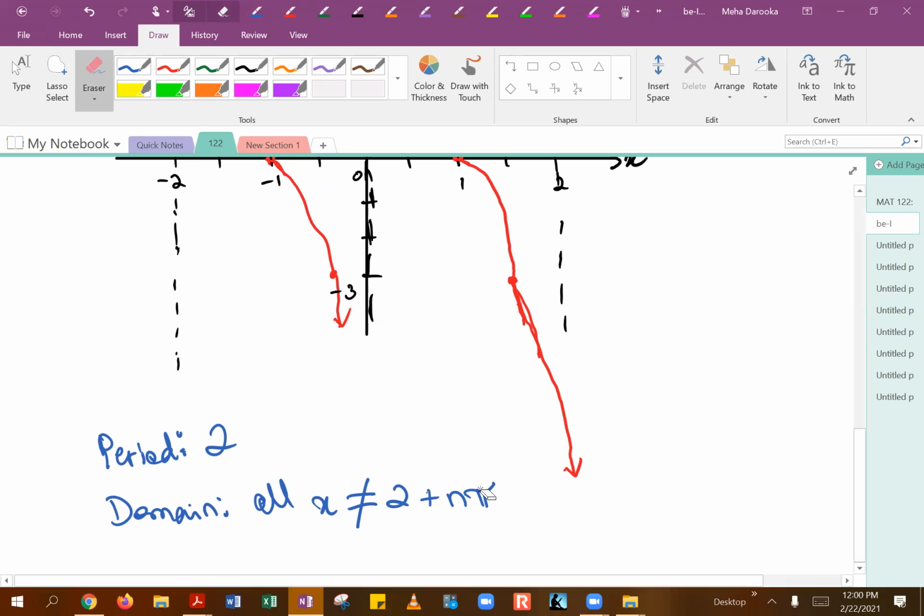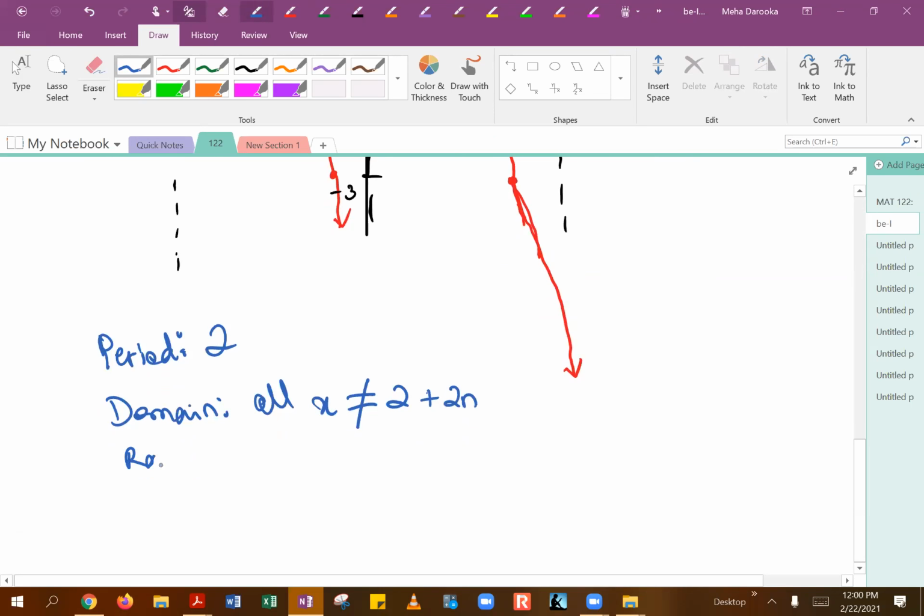Because your period actually is 2, so it will be 2 plus 2 times n. So that will change based on the period. And then, of course, your range is going to be all real numbers.